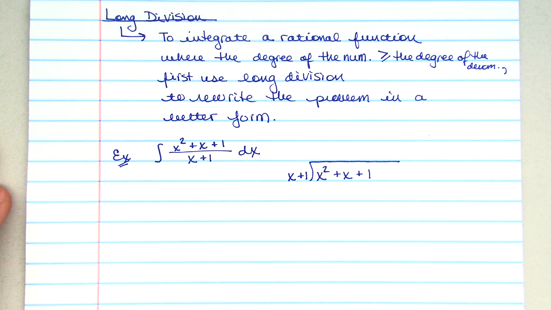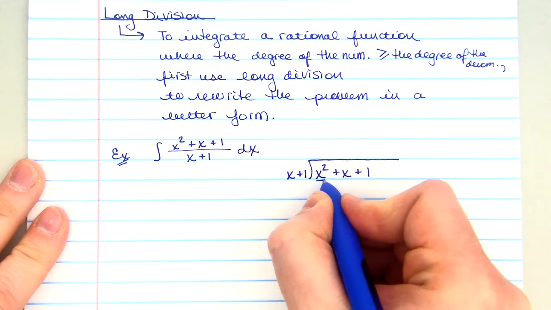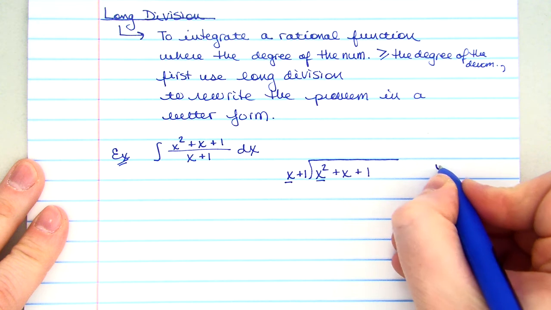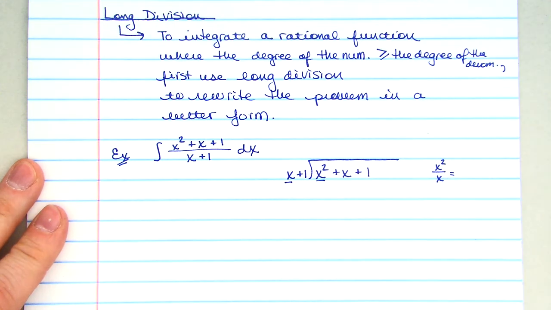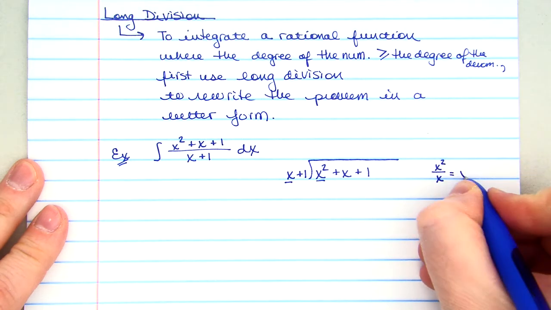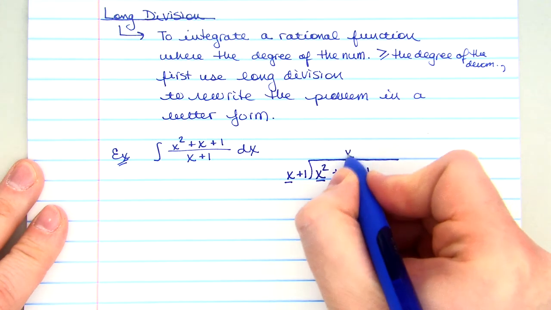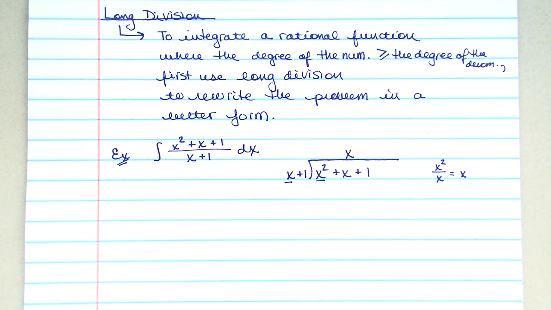There are 4 steps. We divide, we multiply, we subtract, we bring down and start over. We're going to start by dividing. We divide the leading term inside by the leading term outside. X squared divided by x. What is it? X. That's your first division answer. I'm going to write that above the x term. I'm going to kind of line up like terms here.